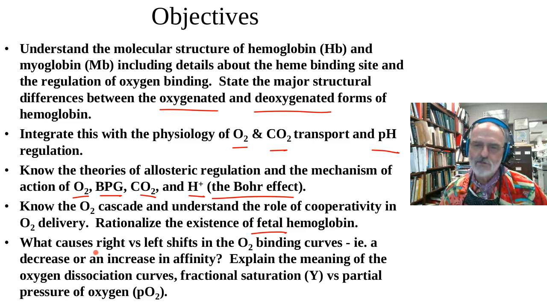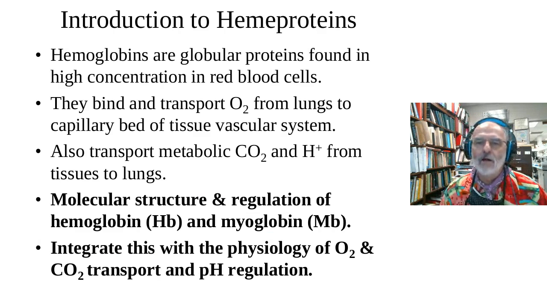So a shift to the right would mean a decrease in oxygen affinity. A shift to the left will mean an increase in oxygen affinity. And then we'll talk about specific ways of plotting dissociation curves, particularly a fractional saturation curve, something called a Hill plot. Okay. All right, so here we go.